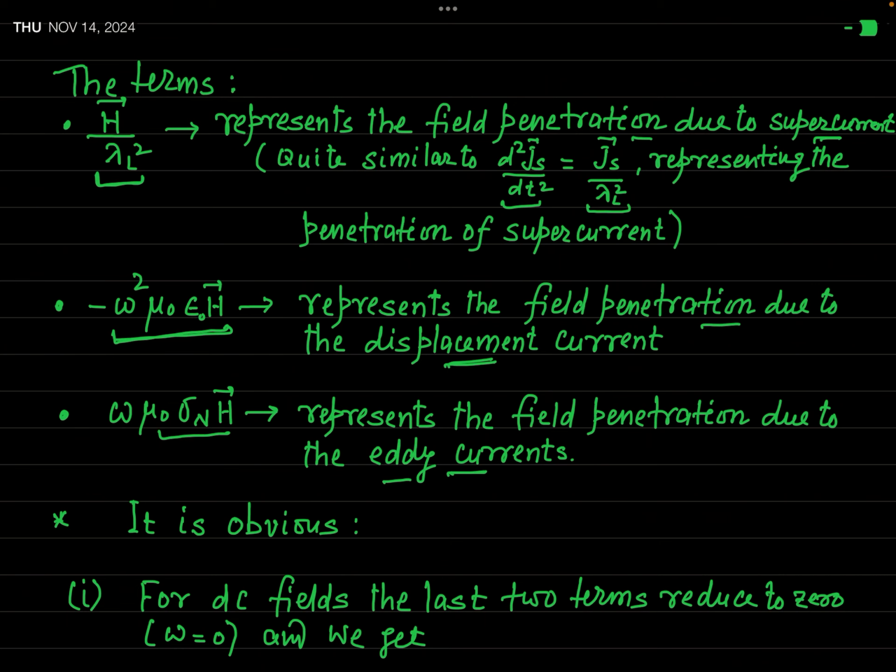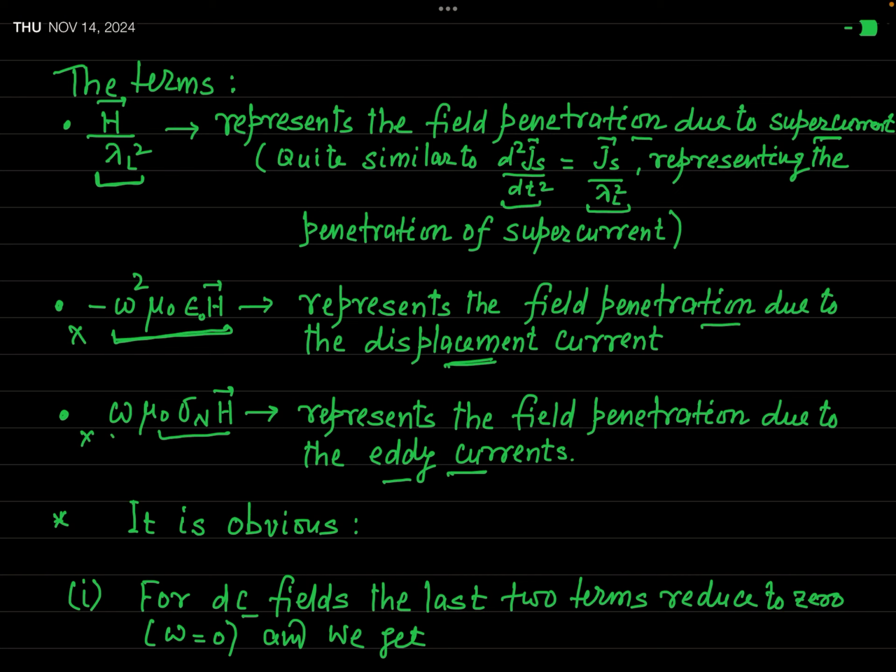Now you can check whether these results are correct or not, because you have already studied these things in case of DC field. So when you apply this result in case of DC field, what will be our result? If you are talking about DC fields, these two terms will vanish. This will be 0 and this will be 0. Why?